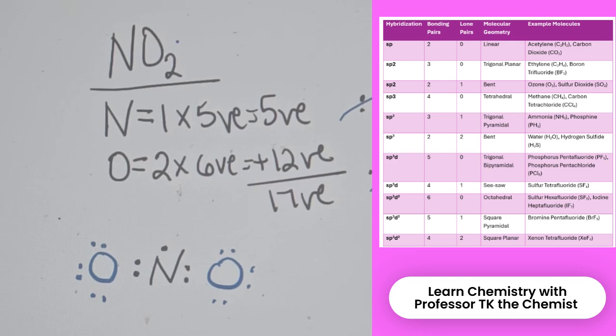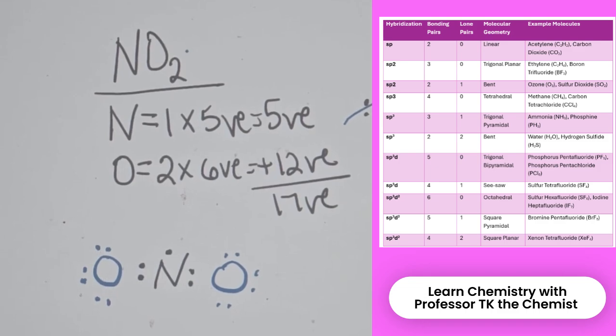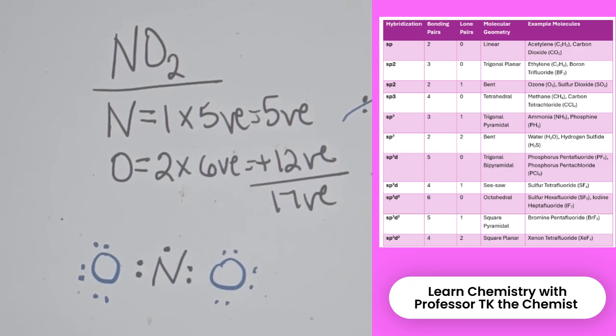So this could be a mistake for somebody, or as a teacher, I would say determine the problem in your molecular geometry shape. This is not workable, okay? You can't do anything with this.